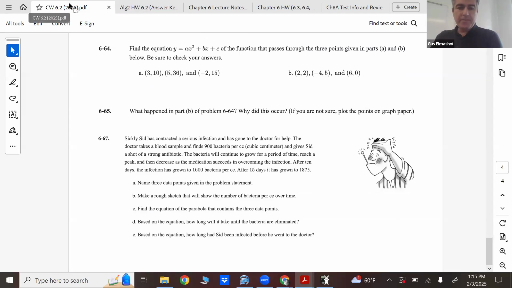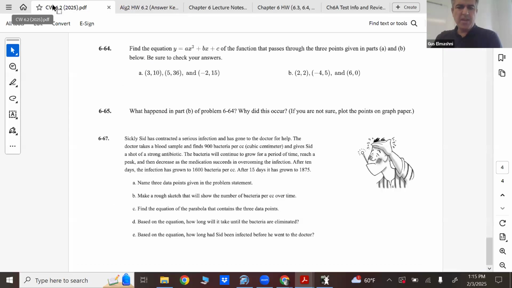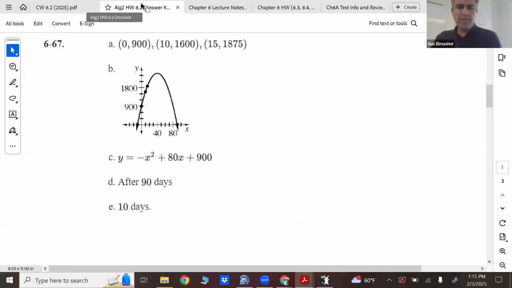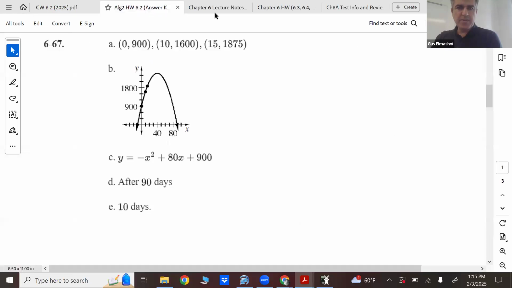And then how long had symptom been in effect before you went to the doctor? I think that's the y-intercept. No, hold on. Yeah. No, the y-intercept's 900. Oh, wait. Why is it 10? Hold on. How long has it been infected? I don't get that. Hold on. Now I'm confused.